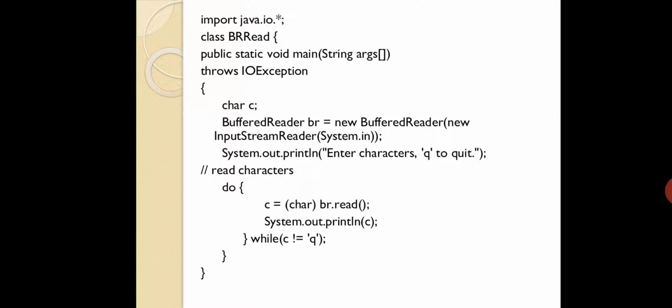How do you change the program? Because this program will not work: whenever the user enters Q, your loop comes out and your program terminates. If the requirement is that Q must also be shown on the monitor, what has to be done? So this is the question: how can you modify this program?